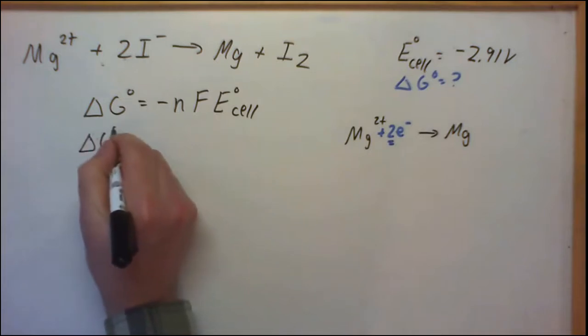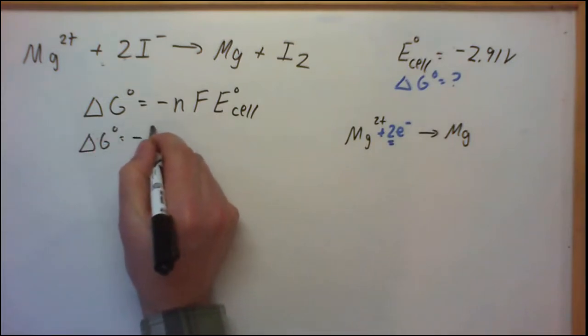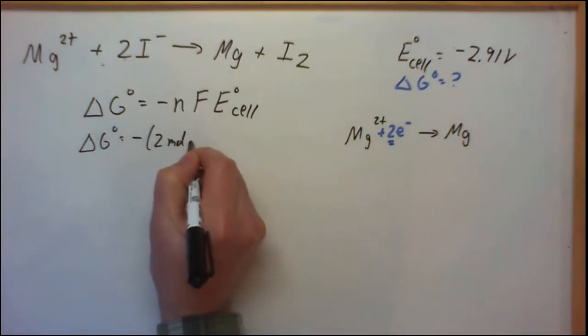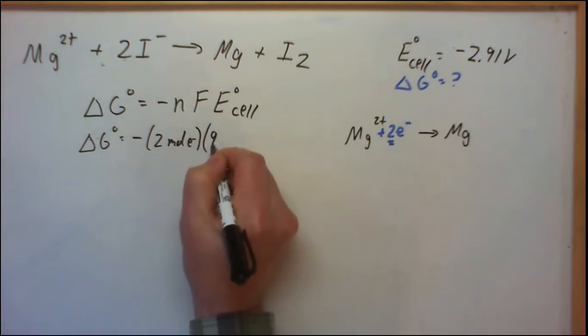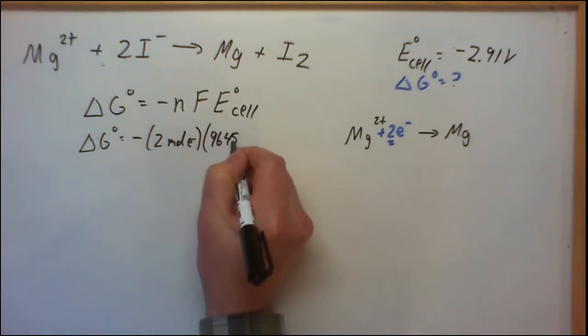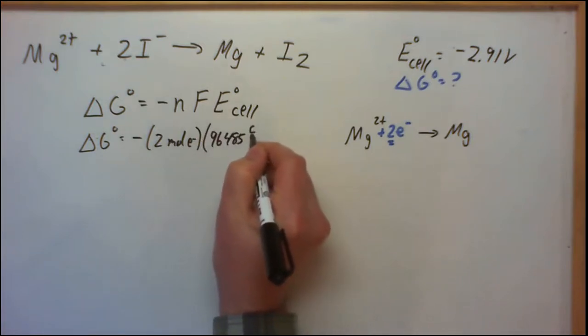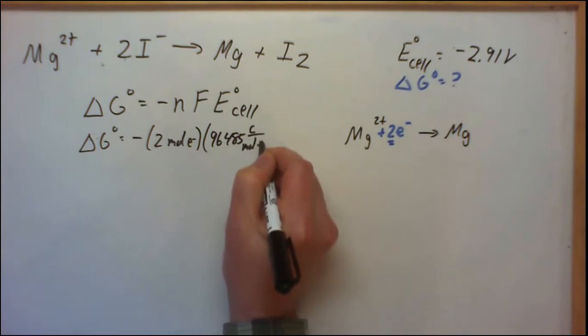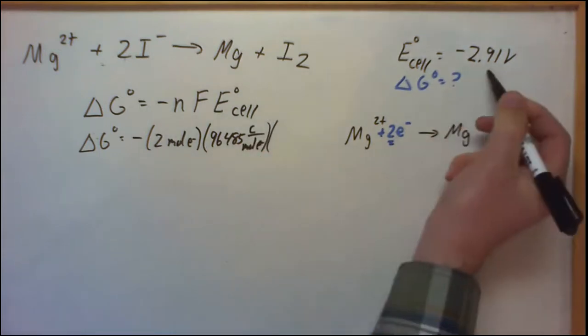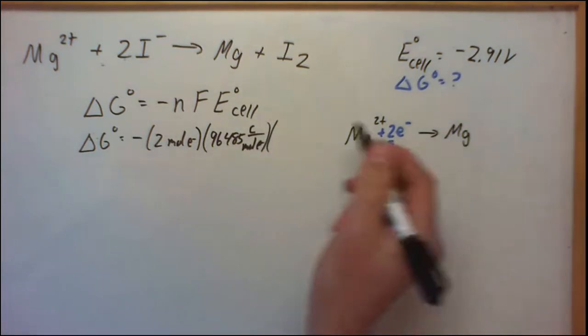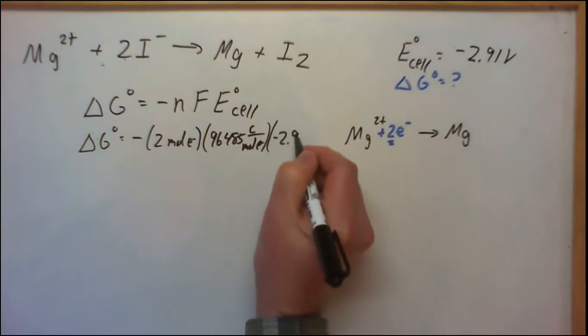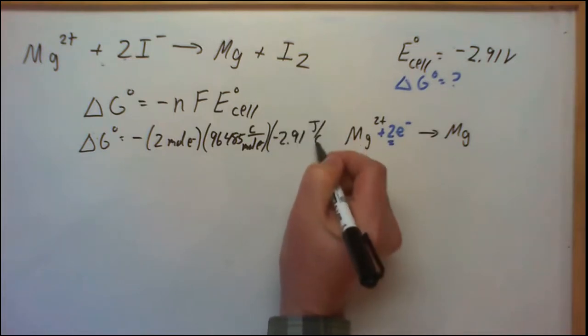So delta G under standard conditions equals negative 2 moles of electrons times Faraday's constant, 96,485 coulombs per mole of electrons, times the standard cell potential of negative 2.91 volts, or joules per coulomb.